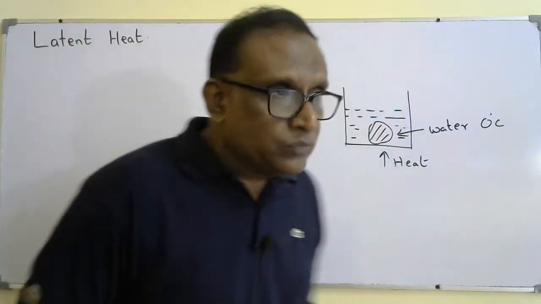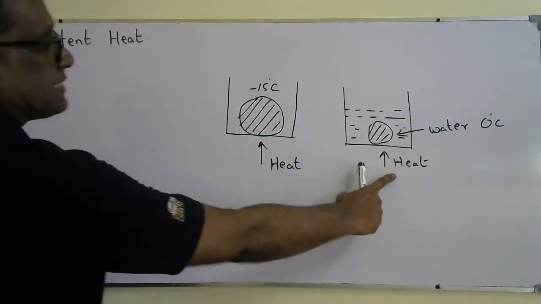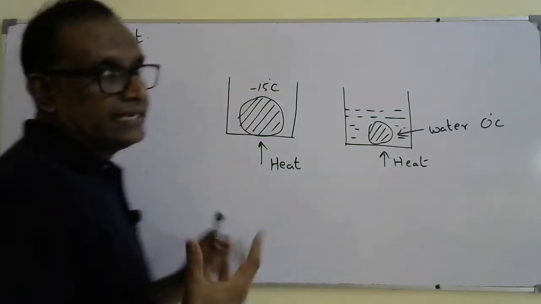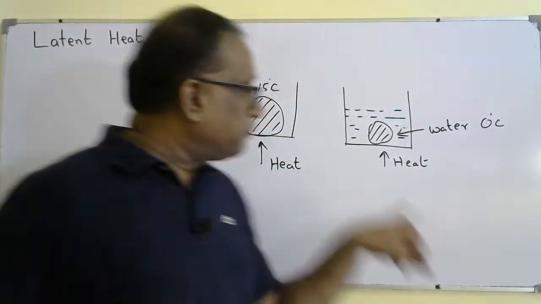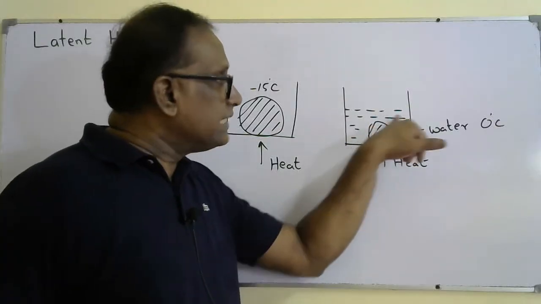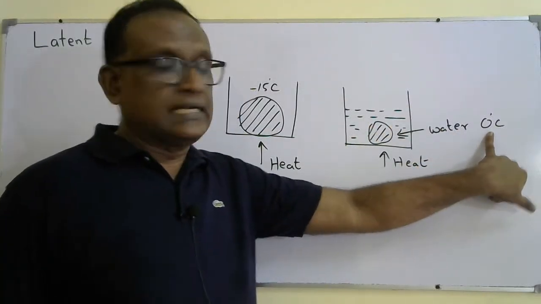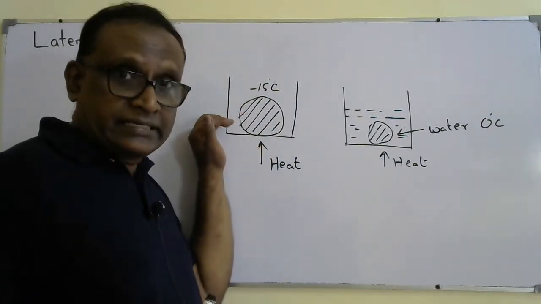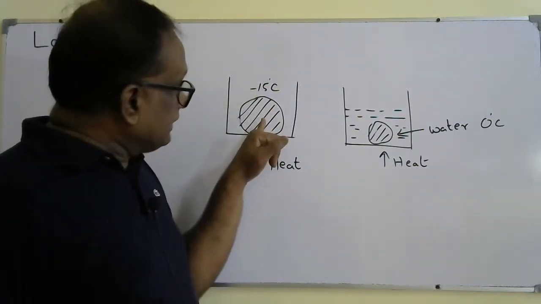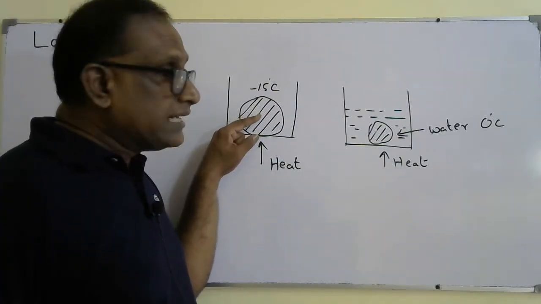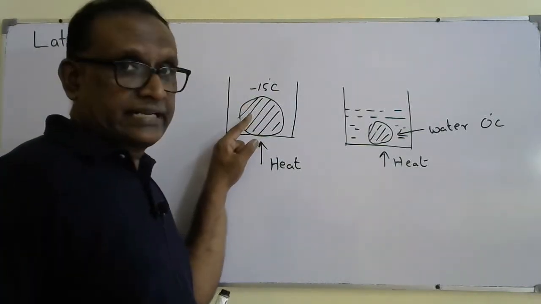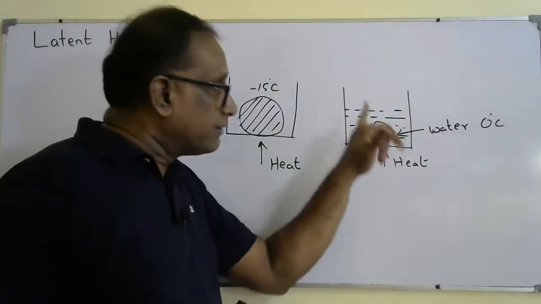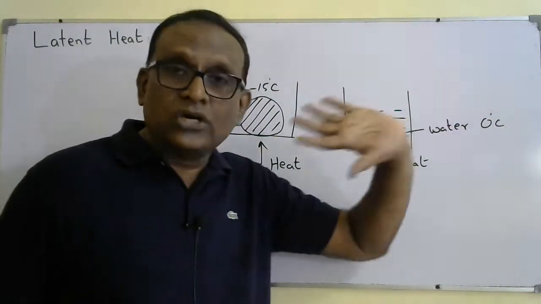So why do we call this heat we supply latent heat? You know the meaning of latent means hidden. That means we are supplying heat, but there is no change in temperature. It remains at 0 degrees Celsius. When the temperature becomes 0 degrees Celsius, it started melting. Initially, the temperature of the ice increased from minus 15 to 0 degrees Celsius. Still, we are supplying heat, but there is no change in temperature. It remains 0 degrees Celsius until the whole ice melts.